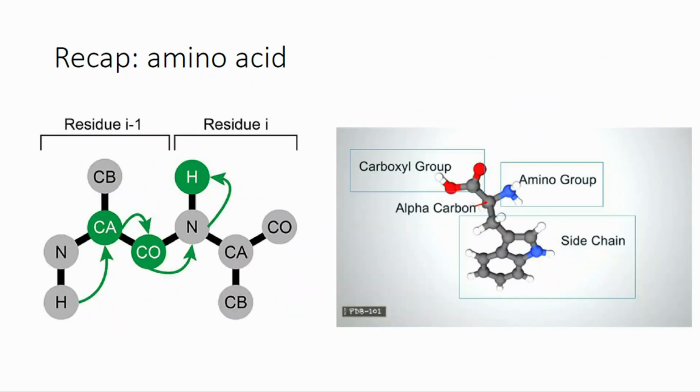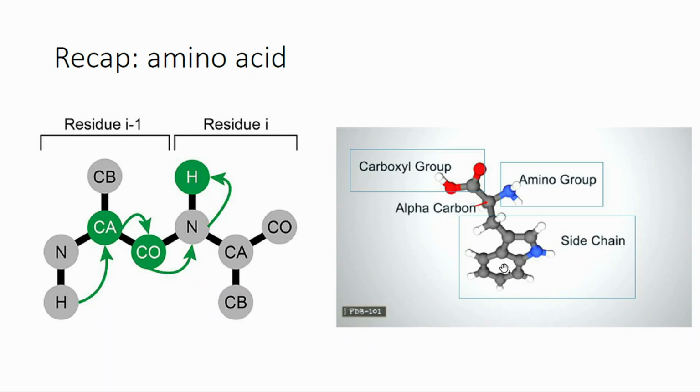So just to recap, we will talk about the structure in more detail later, but at a high level, each amino acid is a small unit, which usually comprises several atoms in the backbone. Maybe it's easier to look at in 3D space.